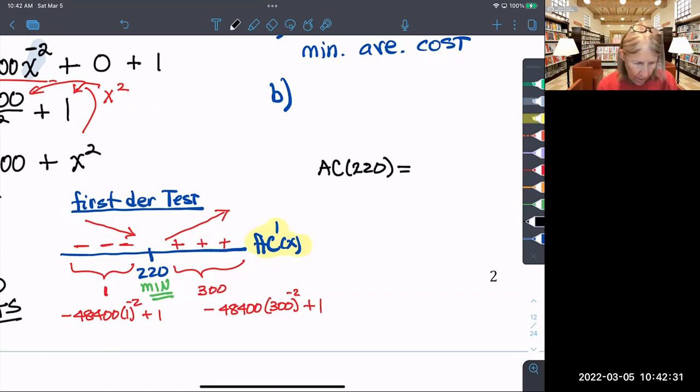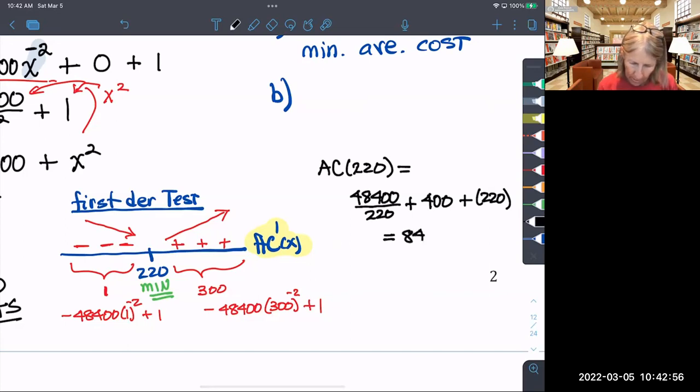So that's going to be 48,400 basically over 220 plus 400 plus 220. All right, just plug those in the average cost function, not the derivative, right? And if you plug those in there, what I came up with is 840.